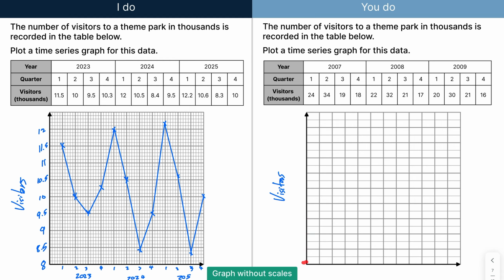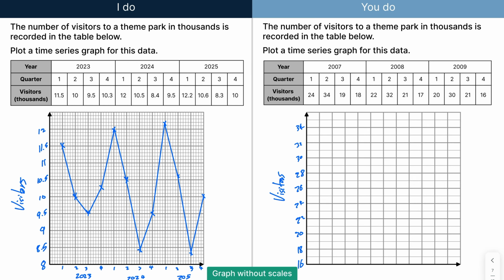So we could go up in twos, 16, 18, 20, 22, 24, 26, 28, 30, 32, and 34, that works. So we can, again, start at 16, just start where it makes sense and go up in a nice interval.